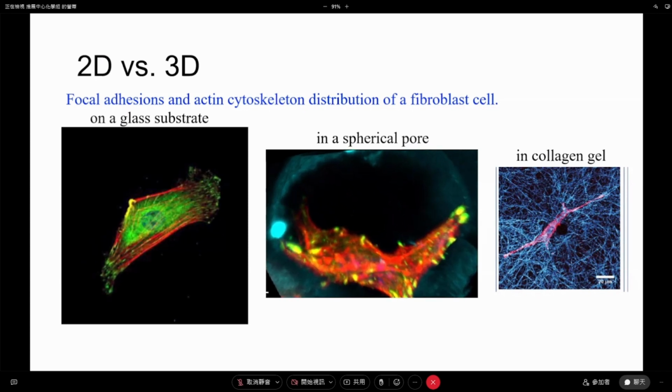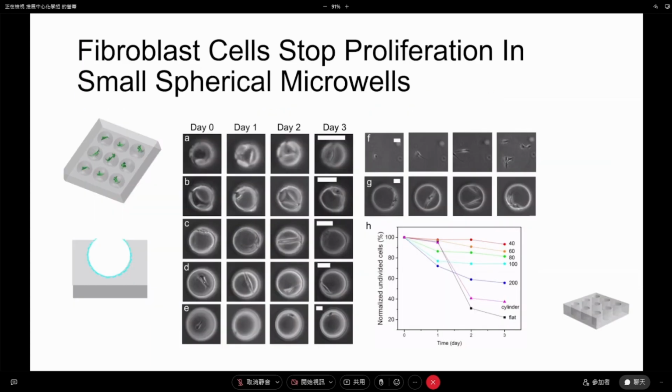So our lab has the capability to culture a cell in a spherical microwell at a length scale of a cell, so at a length scale much smaller than 100 micron. And we found out that the fibroblast cell goes through a cell cycle arrest. And this fact is actually due to the curvature, not the confinement.